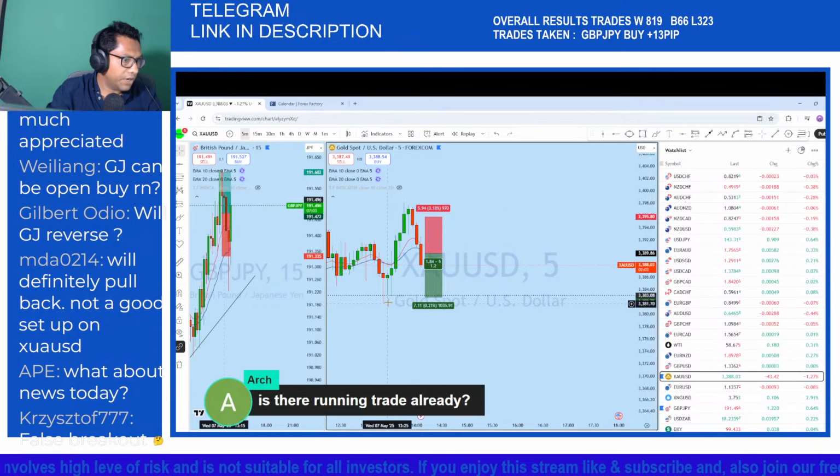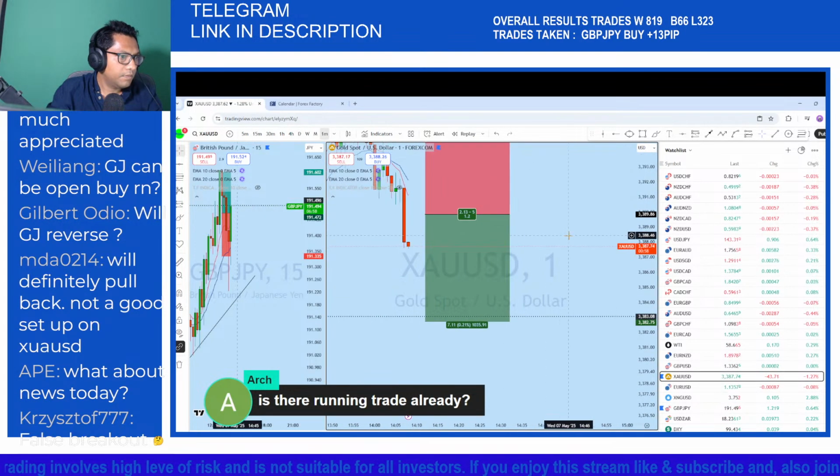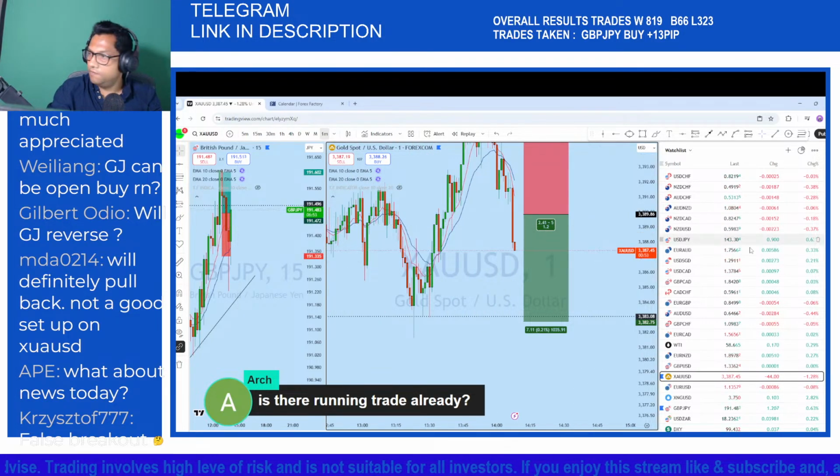So it may break this low here. So I placed a sell here. My trade is running in.